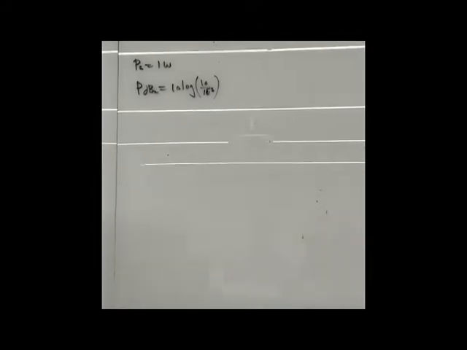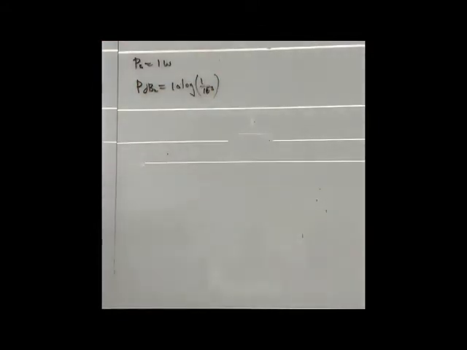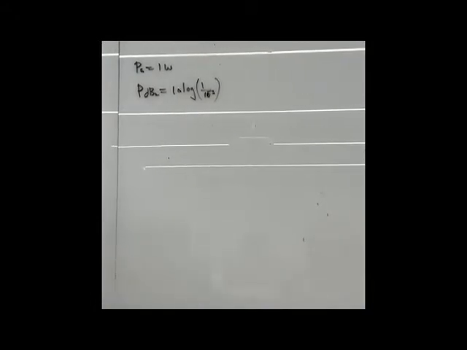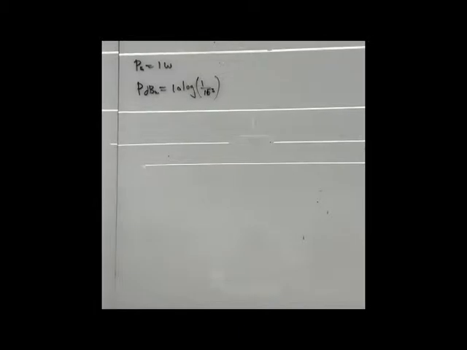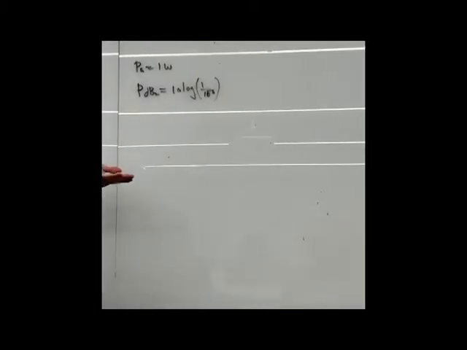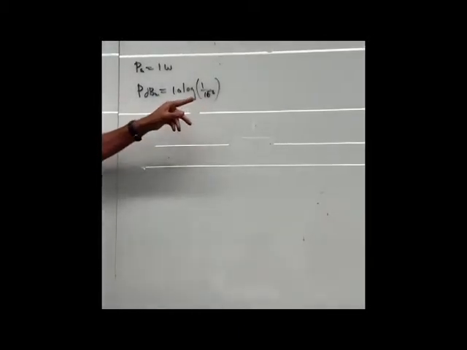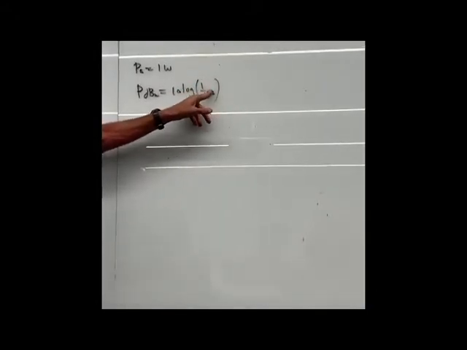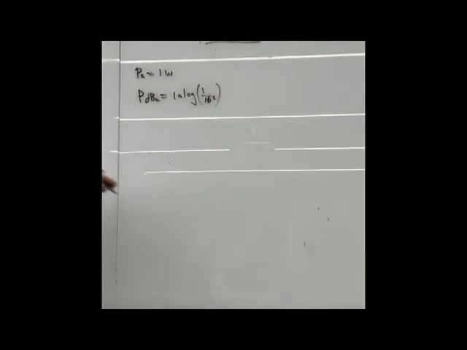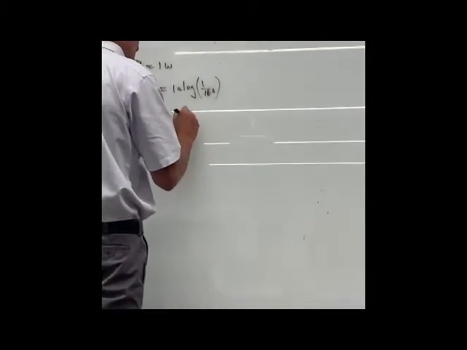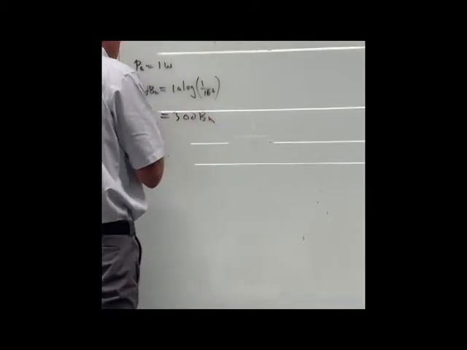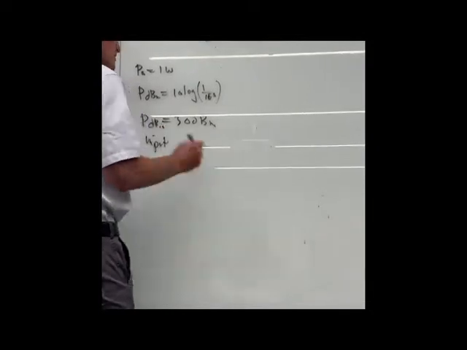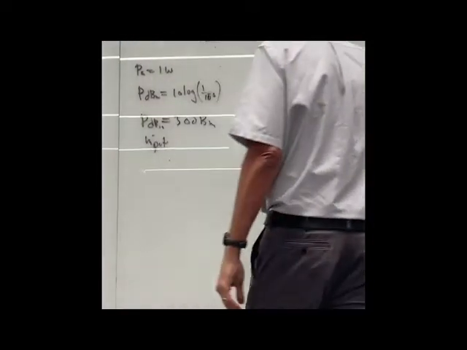I put the input power, which is 1, and divide it by the scale factor, or really the standard, 10 to the minus third. Take the log of it and multiply by 10. Well, this is really the log of 10 to the third, isn't it? And the log of 10 to the third is just 3. So 3 times 10 would be 30 dBm. That would be the power in dBm that would be input.